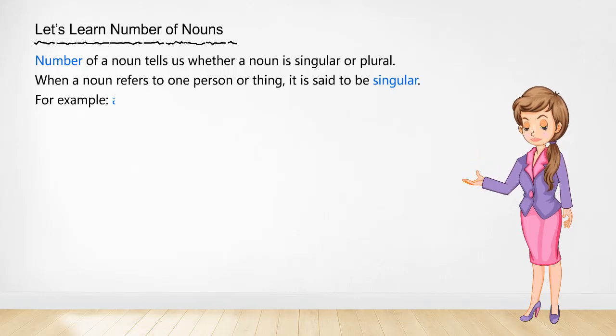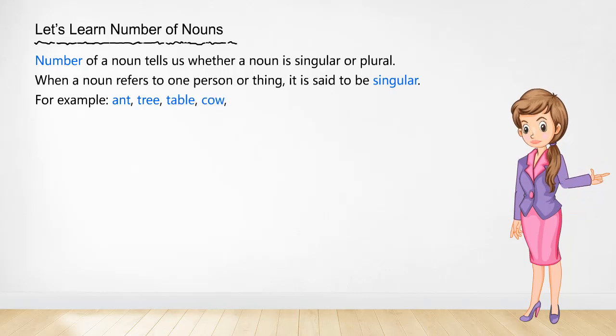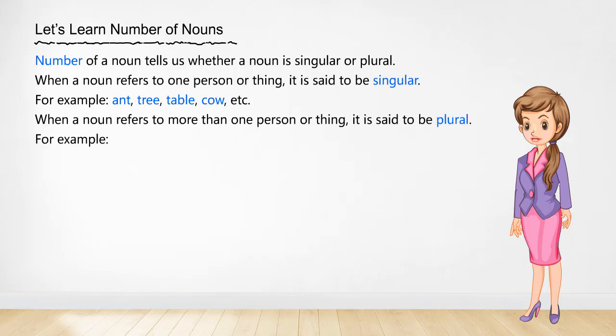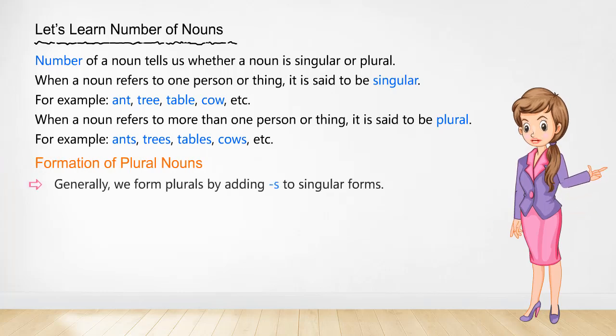For example, ant, tree, table, cow, etc. When a noun refers to more than one person or thing, it is said to be plural. For example, ants, trees, tables, cows, etc.